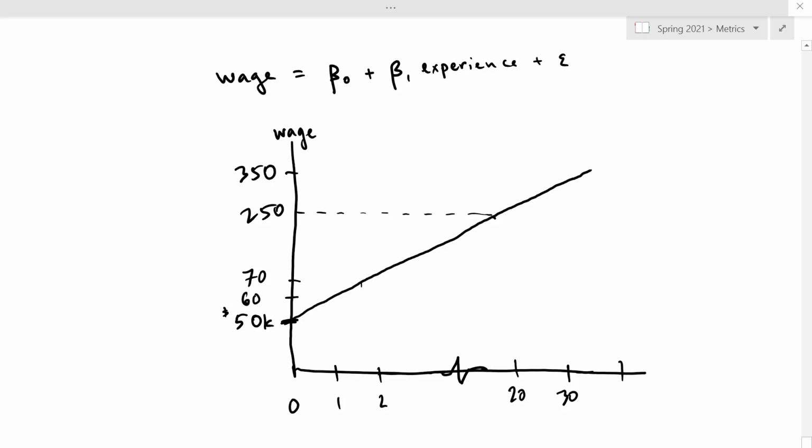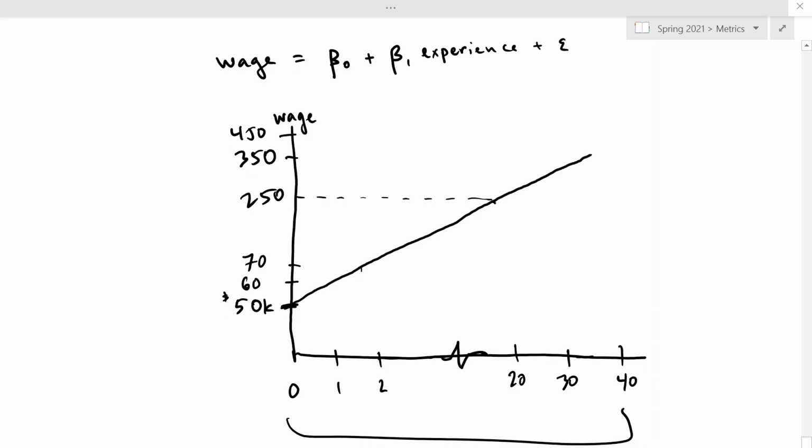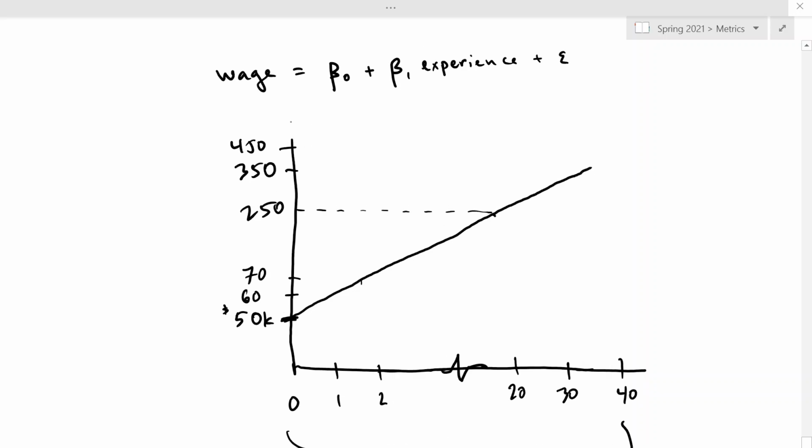And after 40 years, you're at $450,000. After 40 years, you are probably now at least 65, maybe 70. Let's say you keep working. After 50 years, this model would assume that your wage is now $550,000, and now you're 80 years old, right?